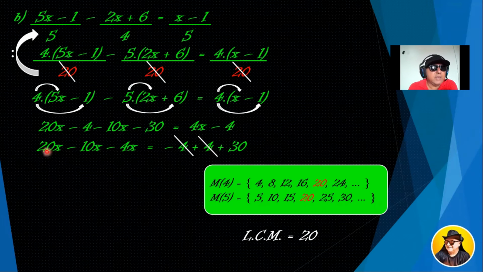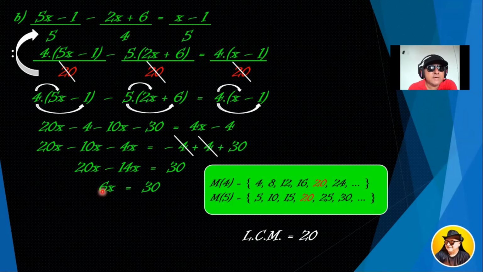So now I have 20x, and here I have minus 10x minus 4x. So it's going to give me minus 14x. See, 20x minus 14x is 6x. So I have 6x is 30.